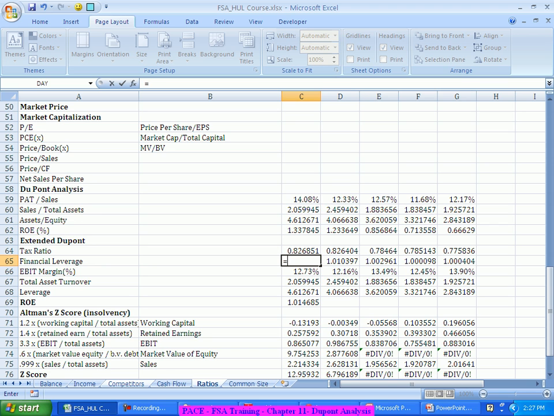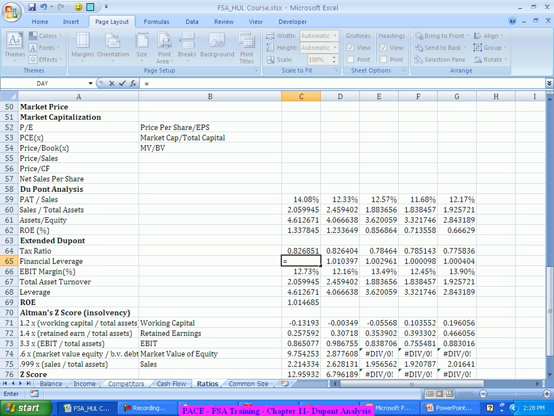Whether your business is profitable or not, you have to pay the interest. So if you generate more and more sales, your profit is growing much faster. But if your sales are down, your loss is also growing much faster. So that's where I said in good times you can perform very well, but in bad times you will lose out also very well if your leverage is very high.